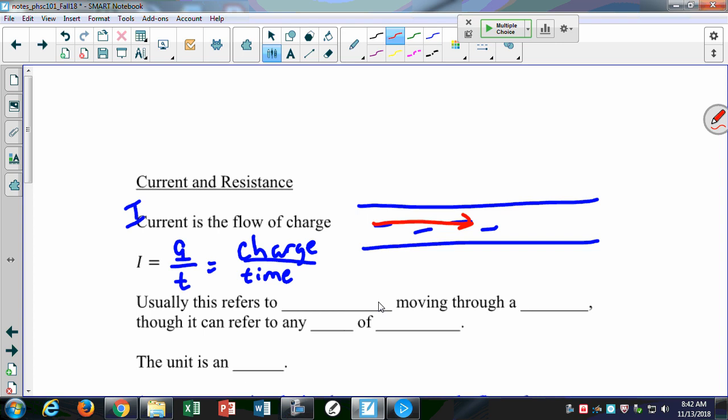It's not exactly what's happening. Actually, it's more like energy moving through the pipe, kind of like a wave. But we'll talk about it as if they're actual charges moving through this pipe. A charge per unit time. Usually this refers to electrons moving through a wire, though it can refer to any flow of charge.